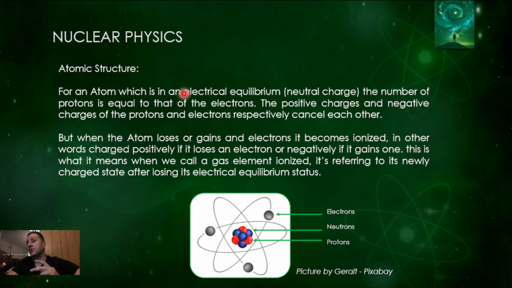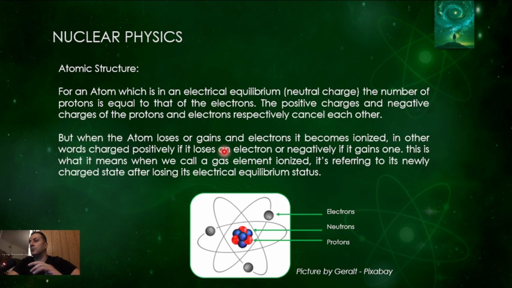For an atom in electrical equilibrium, or neutral charge, the number of protons is equal to that of the electrons. If the atom is neutral, it doesn't have a specific dominant charge overriding the opposite charge. The positive and negative charges of the protons and electrons respectively cancel each other. That's why you get an atom or an element in an electrical equilibrium state.